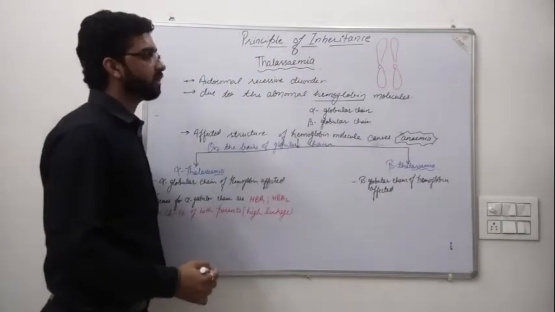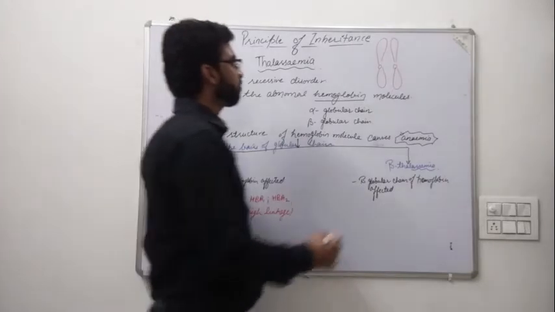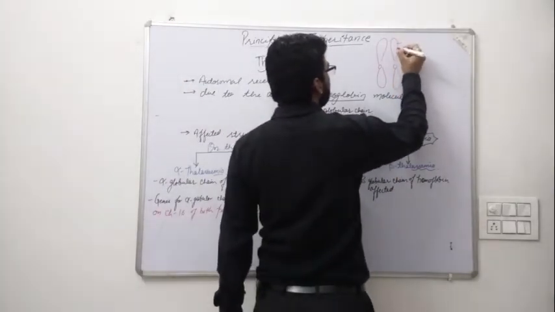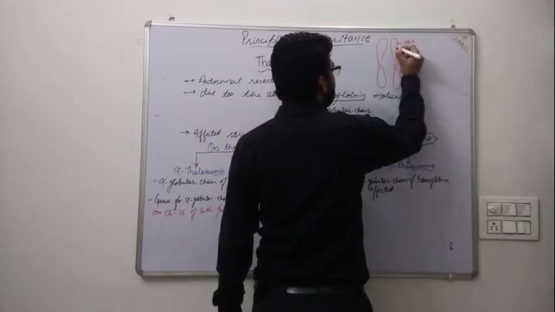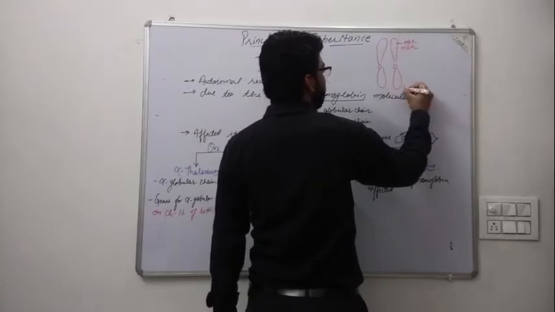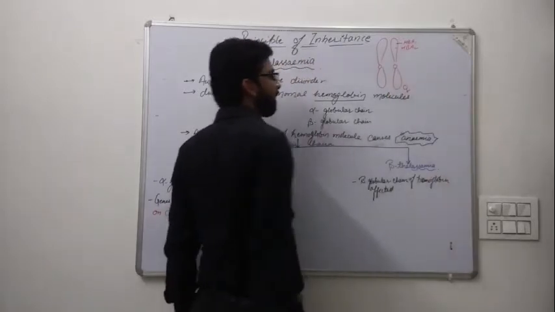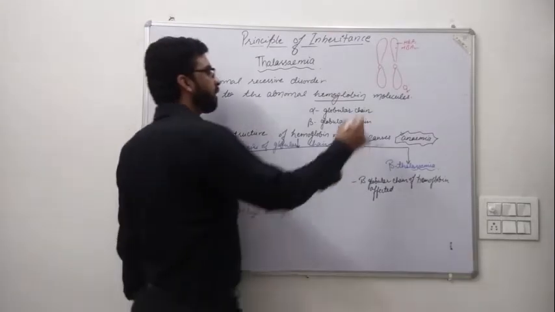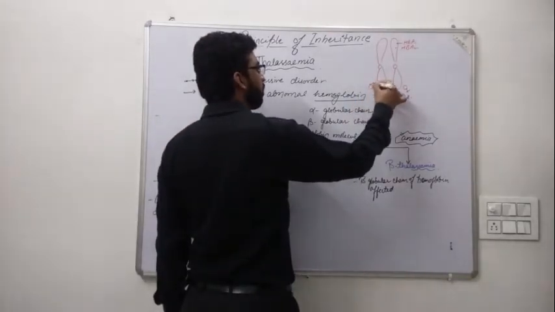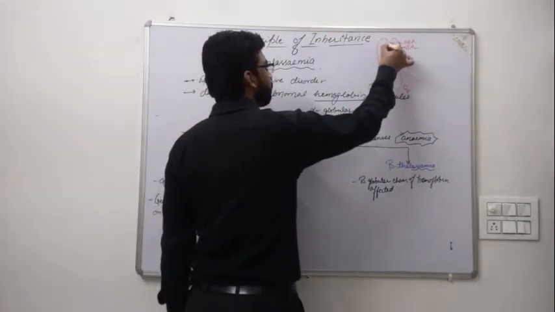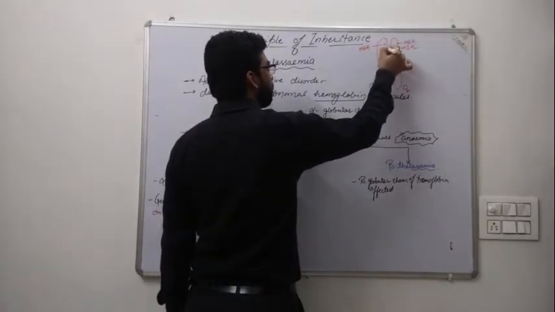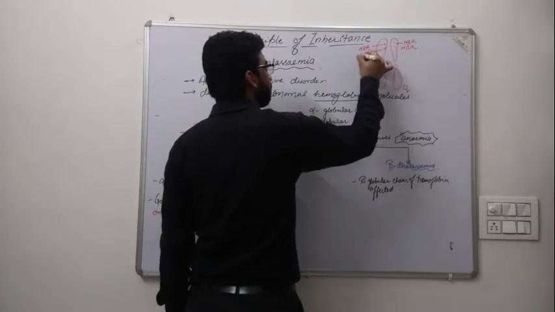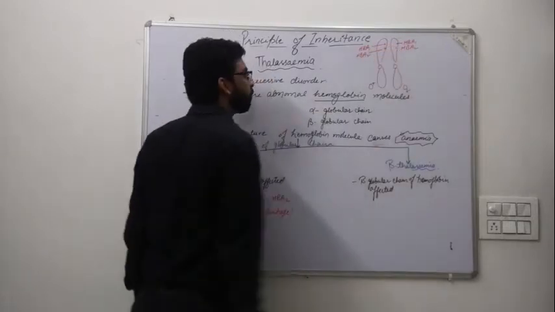Assume HbA1 and HbA2 are from the maternal side, and if they are located on the paternal side, again HbA1 and HbA2.